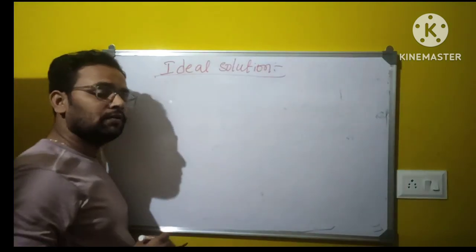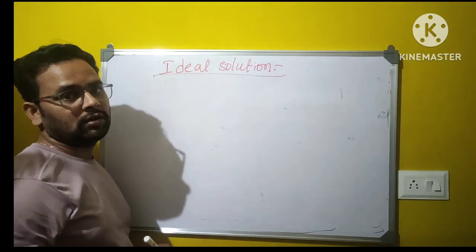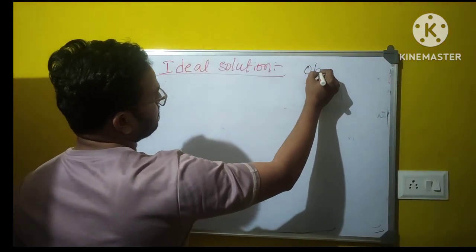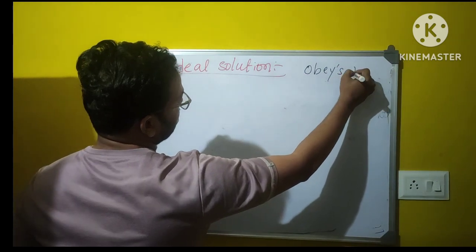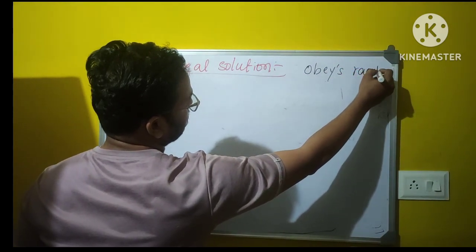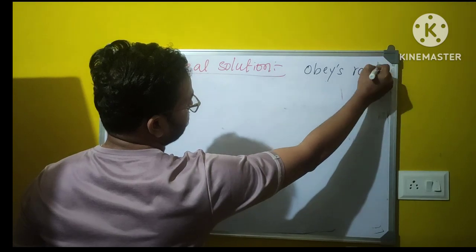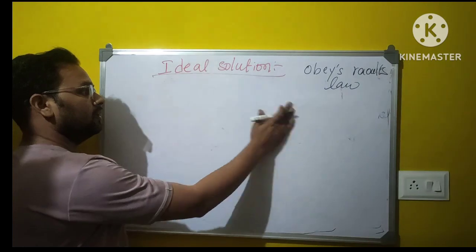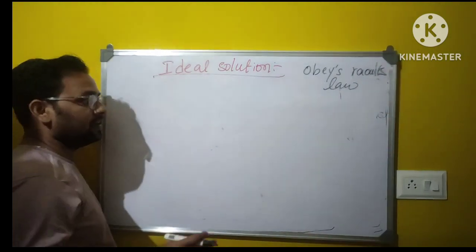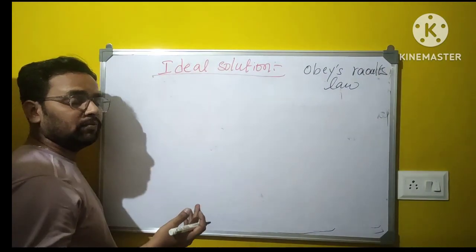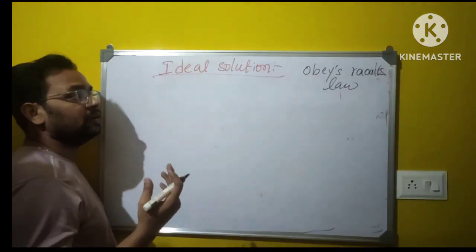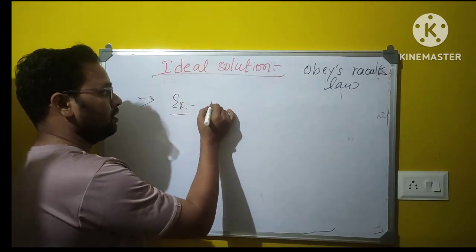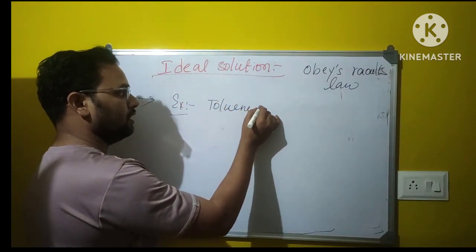The solutions which obey Raoult's law at all concentrations, in which the interactions between A and A, and B and B, are equal to the interactions between A and B. Example for ideal solution: a mixture of toluene and benzene.